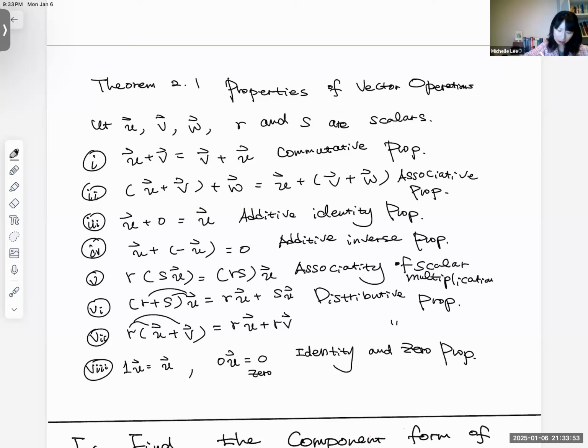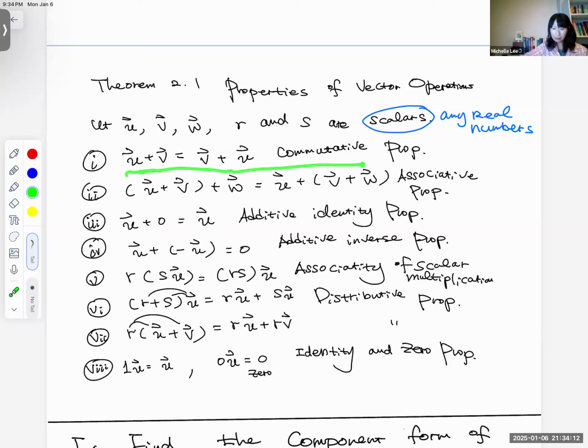Then we have addition is commutative, addition is associative, and we have the additive identity, which is 0, and the additive inverse, so they are additive inverses of each other.